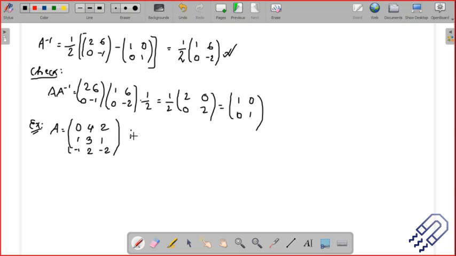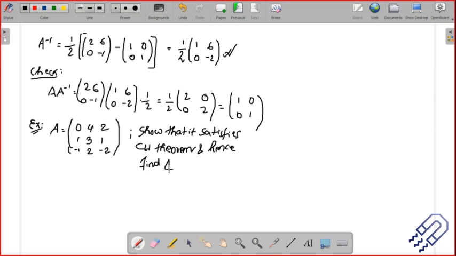Okay, so I'll give you a matrix like this and show that it satisfies Cayley-Hamilton theorem, and hence find A inverse. Try doing this and tell me if it's really happening. It's just a random matrix.